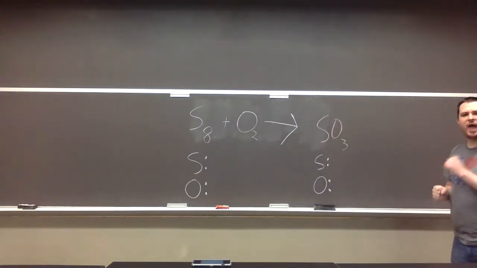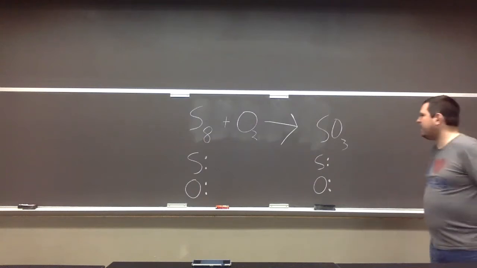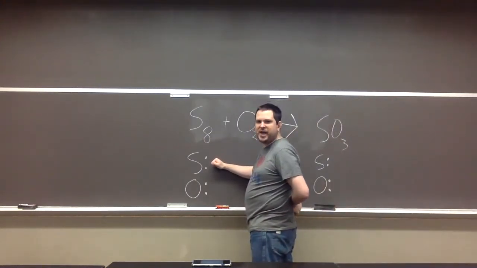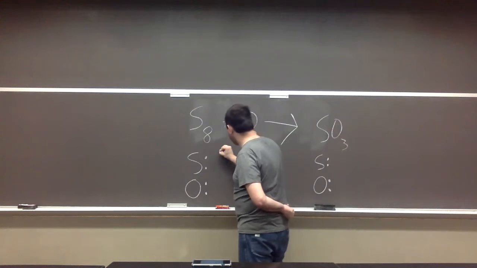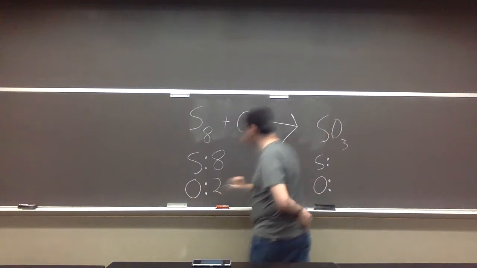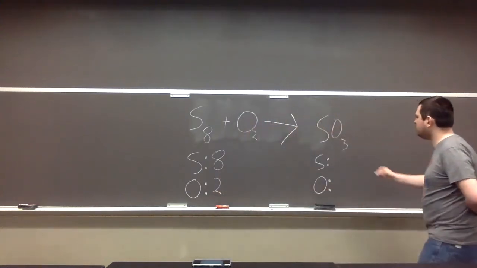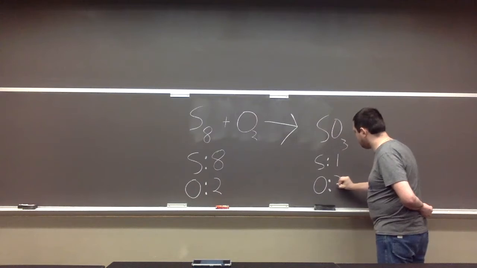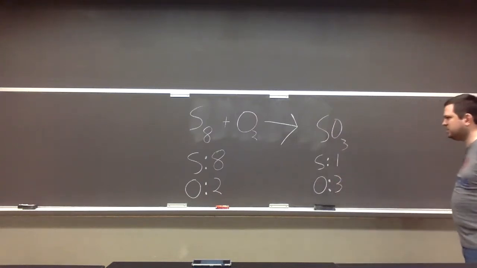Next, we need to count how many of each atom we have on each side. On the reactants side, we have 8 sulfur and 2 oxygen. On the product side, 1 sulfur and 3 oxygen.